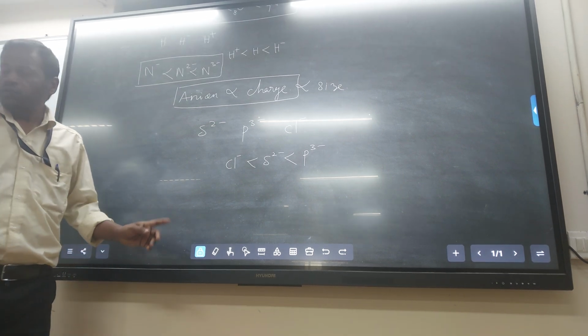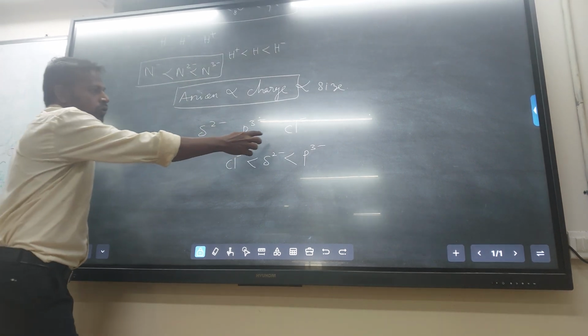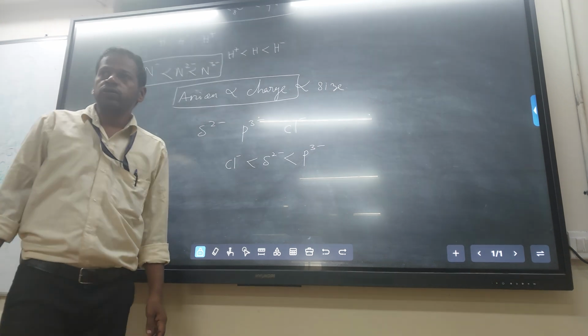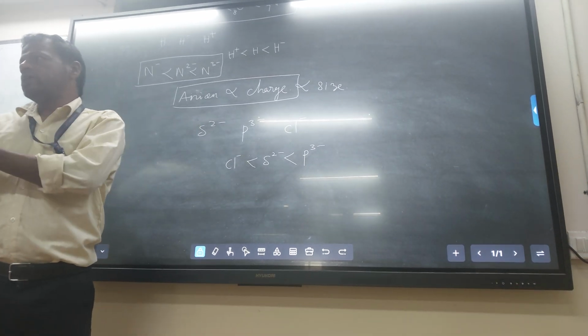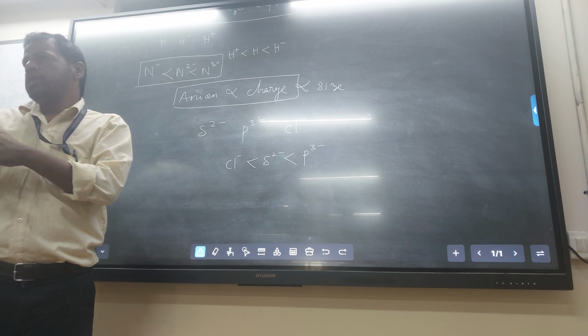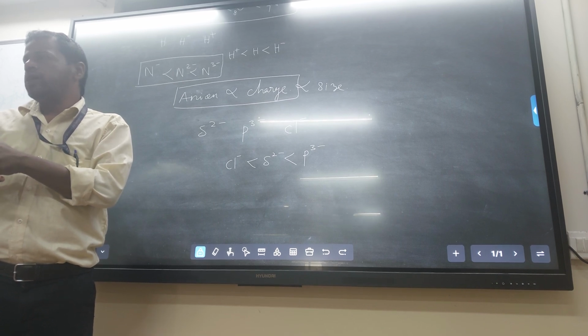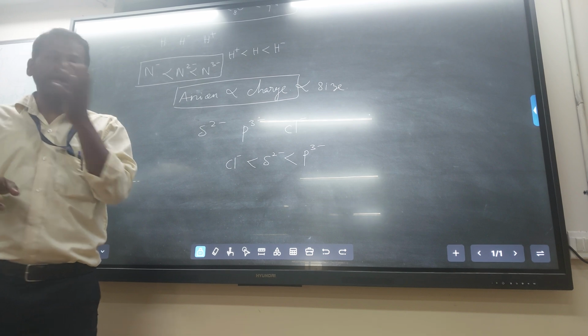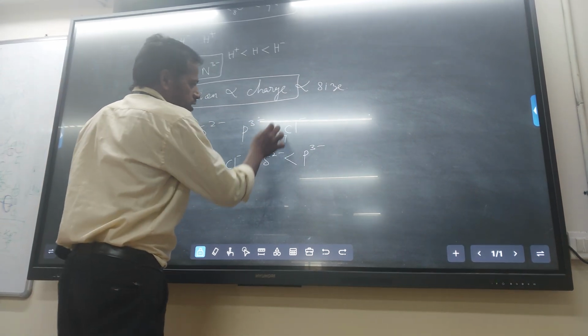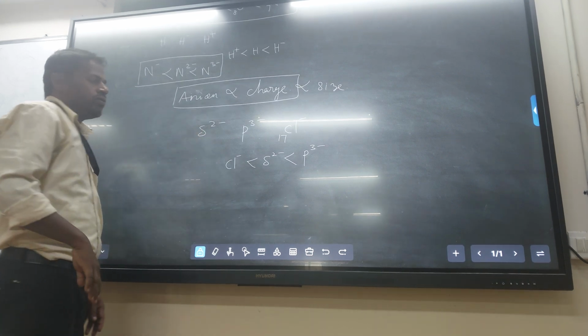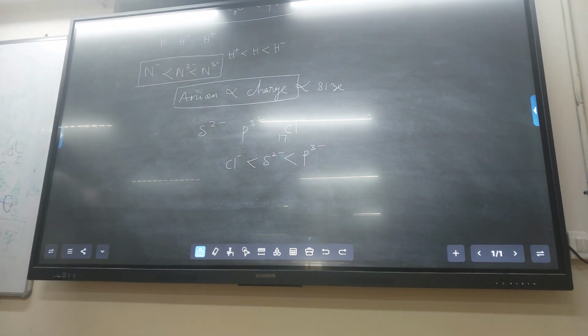What is the atomic number of chlorine? If you don't know, use the noble gas configuration: helium, neon, argon. The atomic number of argon is 18. Chlorine is nearby at 17, so 17 plus 1 is 18 electrons. Then sulfur and phosphorus.